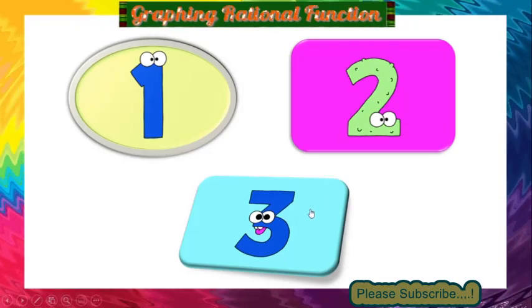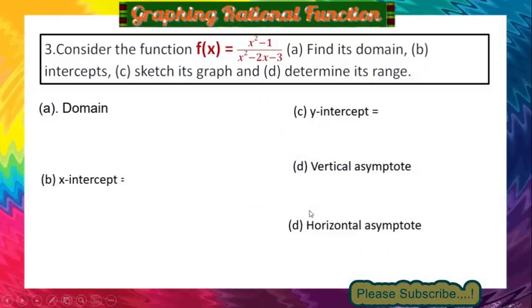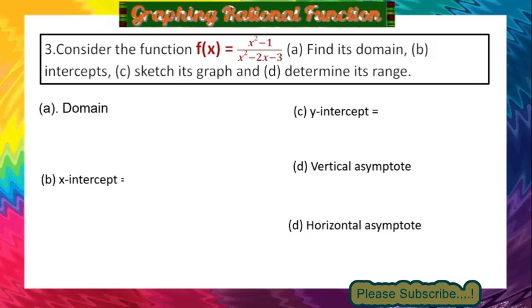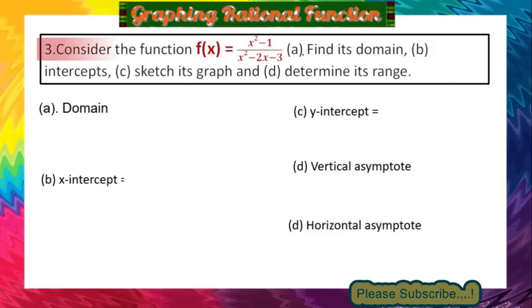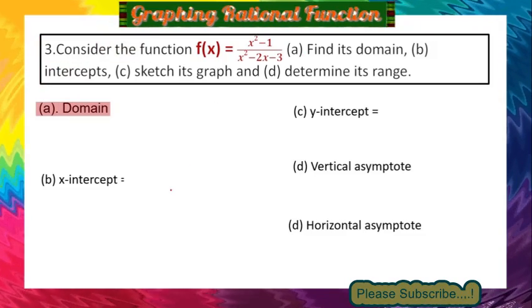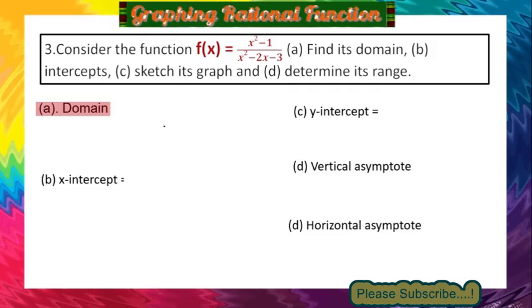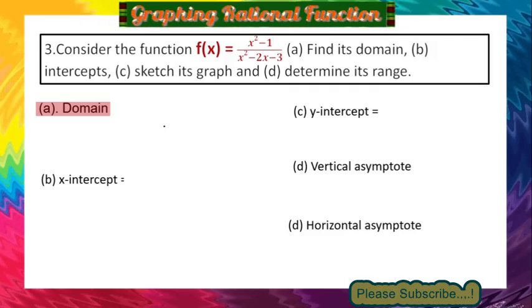Okay, the last example is f of x equals x squared minus 1 over x squared minus 2x plus 3. Okay, so first we are going to find the domain of the function. As you can see in the given function, we have first to reduce that to the lowest form.